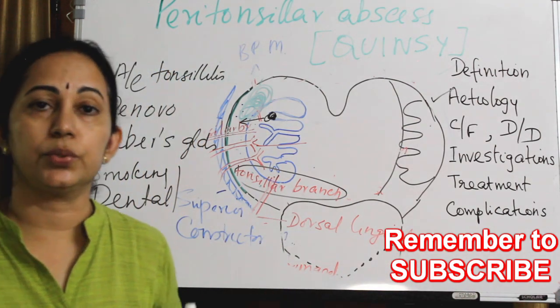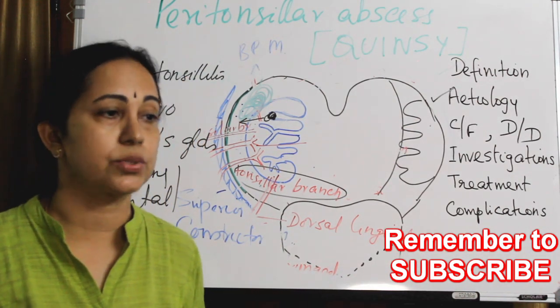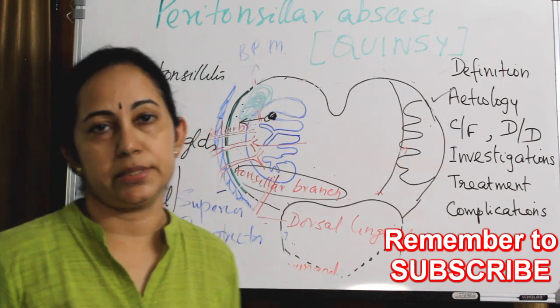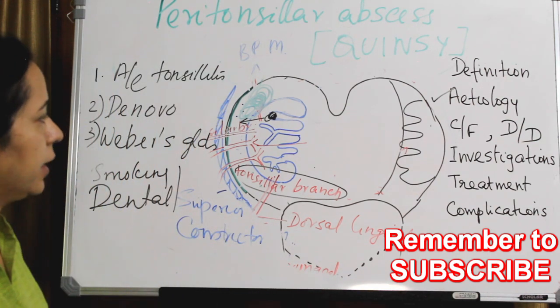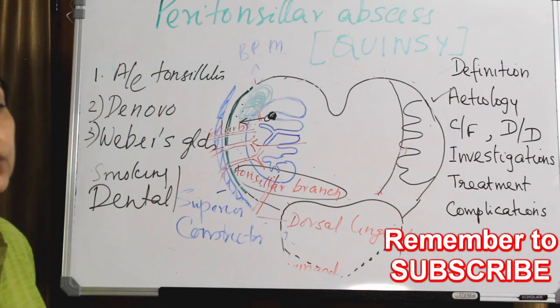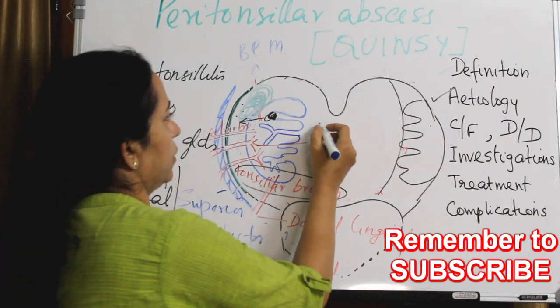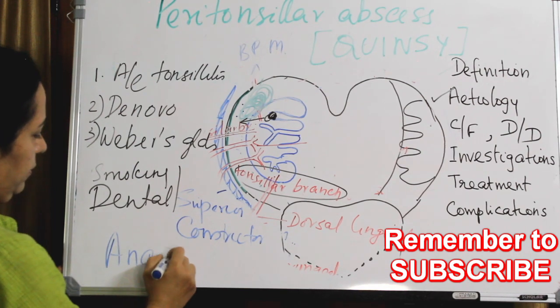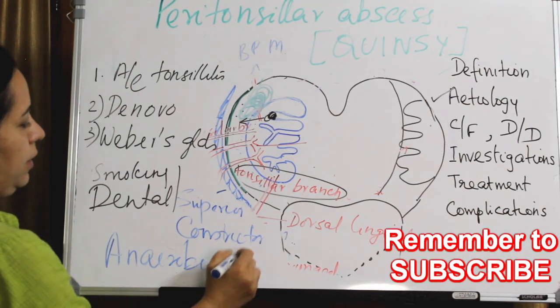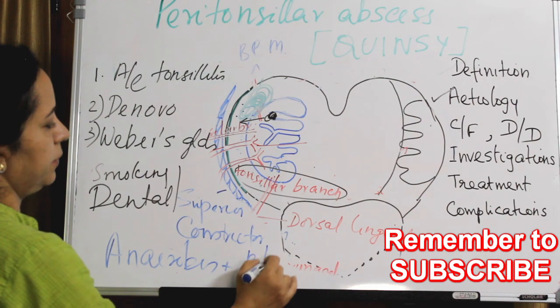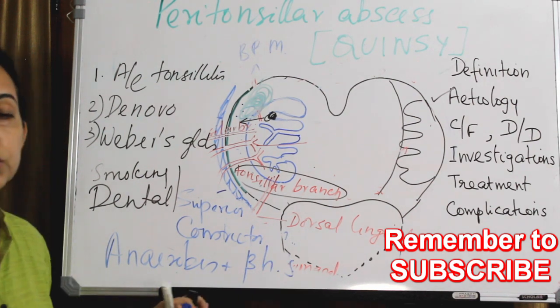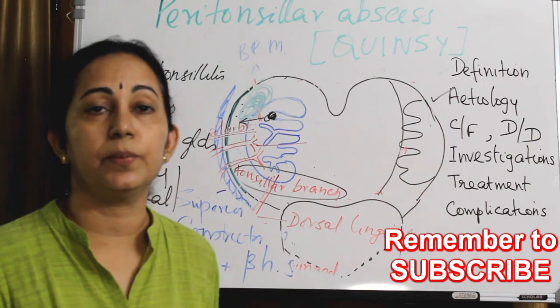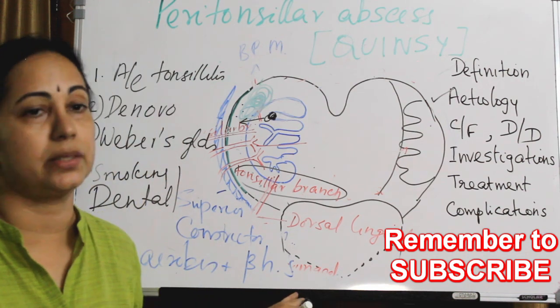And as I already told you, it is a bacterial infection mainly caused by anaerobic organisms, anaerobes, and also group A beta hemolytic streptococcus. It can also be caused by Staph aureus and also methicillin resistant Staph aureus, MRSA.